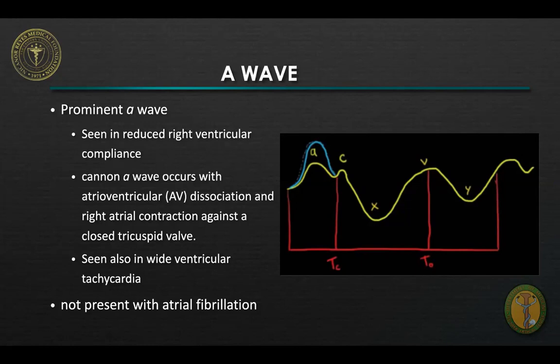In a patient with wide complex tachycardia, the appreciation of cannon A waves in the jugular venous waveform identifies the rhythm as ventricular in origin. Of course, definitely, the A wave is not present in atrial fibrillation.